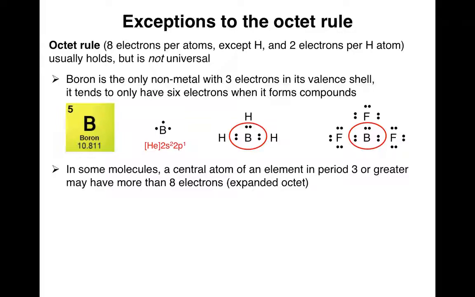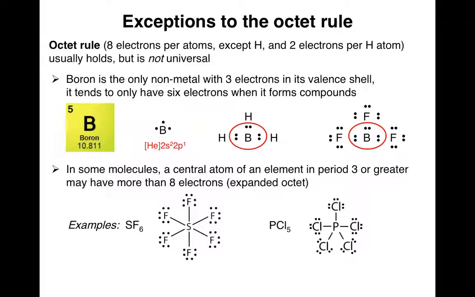Examples of compounds with expanded octets are sulfur hexafluoride, 12 electrons for the sulfur, and phosphorus pentachloride, 10 electrons for the phosphorus. Such compounds can only be formed when the central atom is one of an element that is in period 3 or greater.